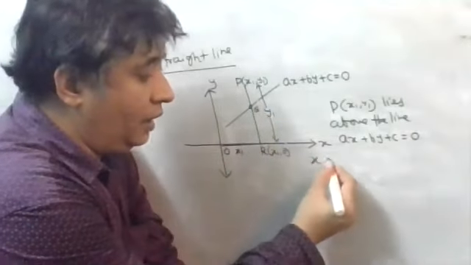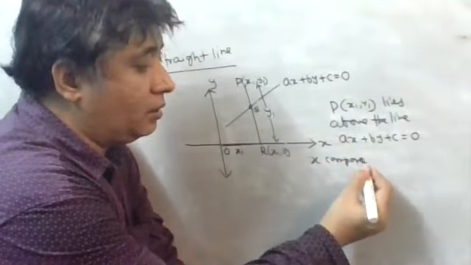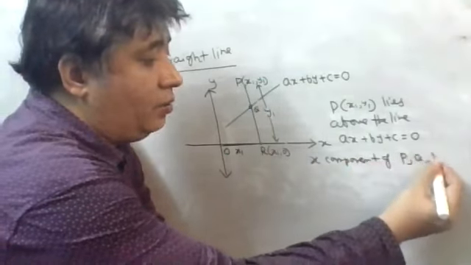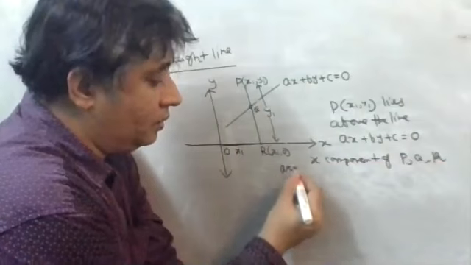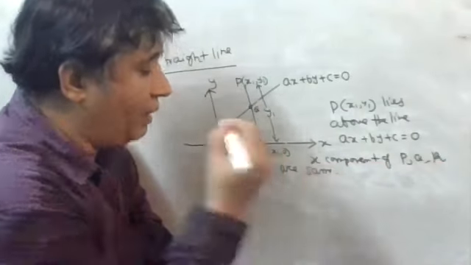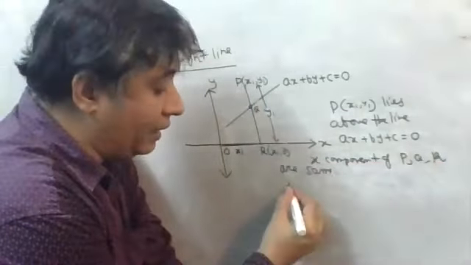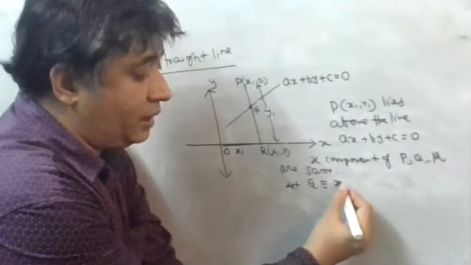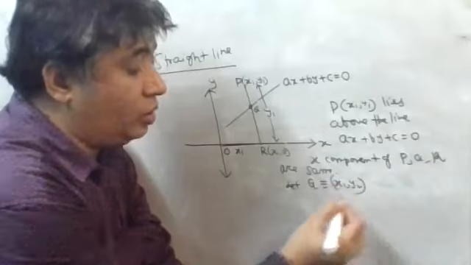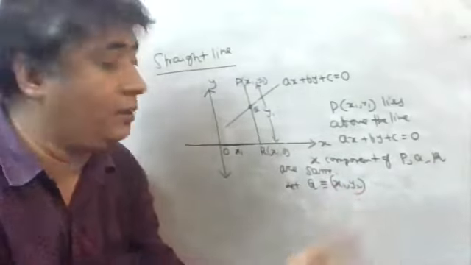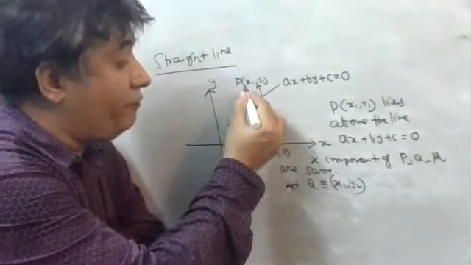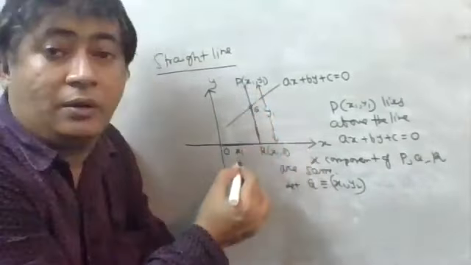So let Q be x1, y2. Why not x1, y1? Because this point's y coordinate differs from that point's y coordinate.